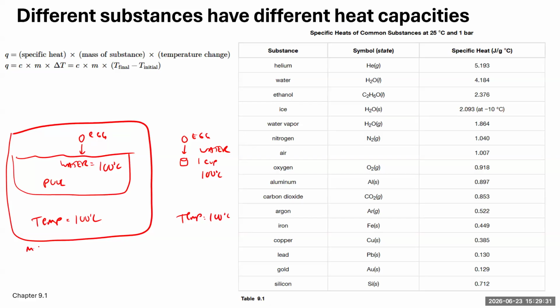Whereas the cup only holds a certain amount of heat because it's a measurable quantity, right? Even though it's the same temperature, the pool full of water has more heat, right? Because it just has more of that water at that specific temperature, right? So that's the difference between heat and temperature.